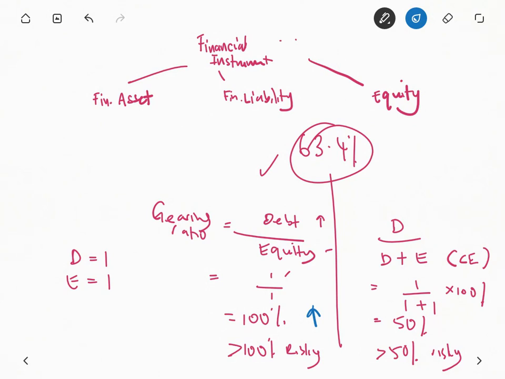But what happens if I classify it as equity? My debt will remain, my equity will increase. What happens to my gearing? Debt remains, because I classify it as credit equity, my equity goes up, my gearing goes down. Can you see the implication?